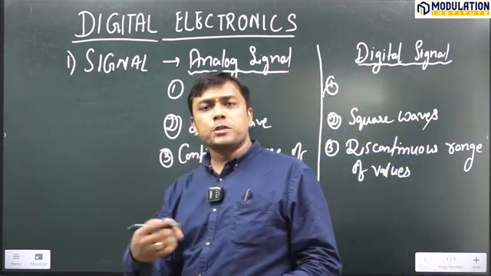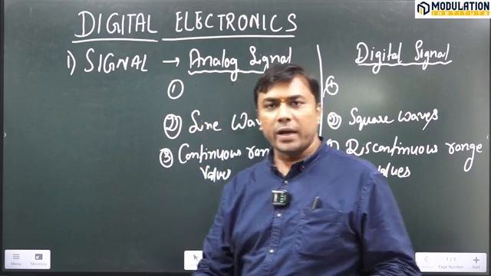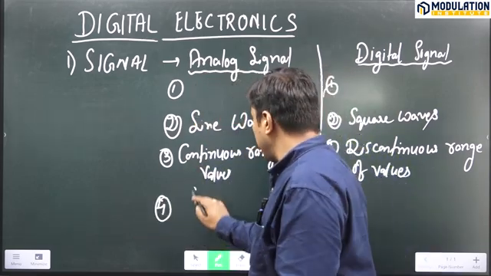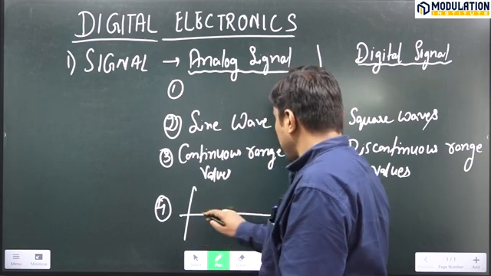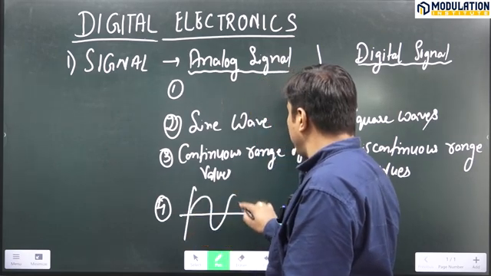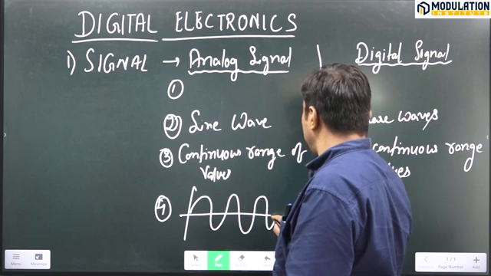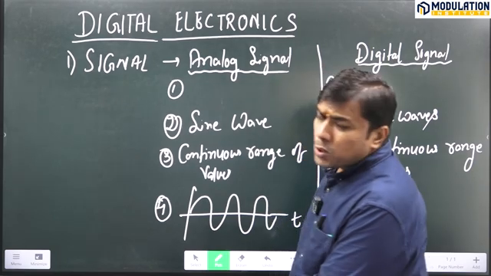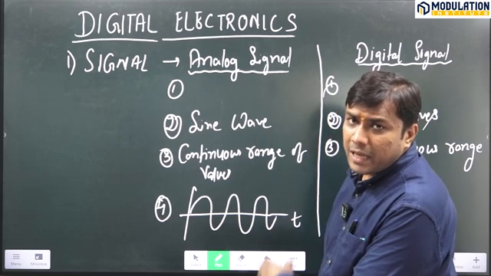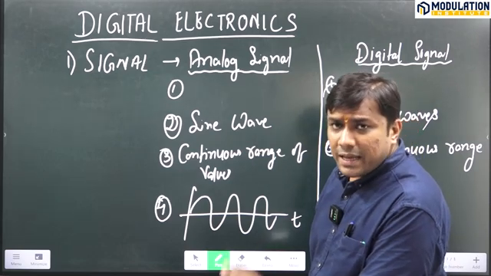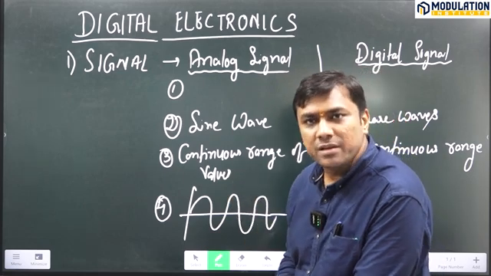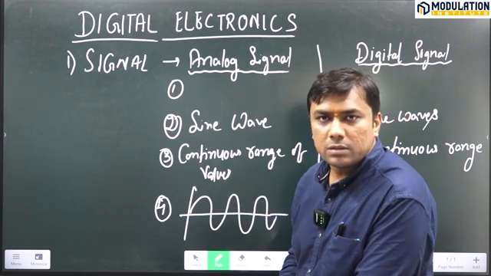Now I would like to explain with the help of a diagram. You can all see it on the board as well. In case of an analog signal, the diagram is here. We can also define it with the help of the diagram: the signal or wave in which the amplitude and frequency keep on changing is called an analog signal.